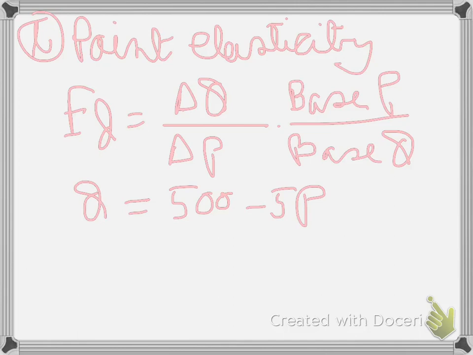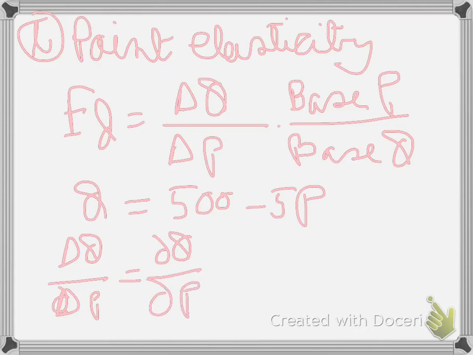Now, when we have a functional form for our demand, we really do not know what P1 and P2 are, although we can use it. But sometimes when you have a demand function, we can utilize some of our concepts from calculus and see that the change in quantity divided by change in price can actually be a differentiation of quantity with respect to price.